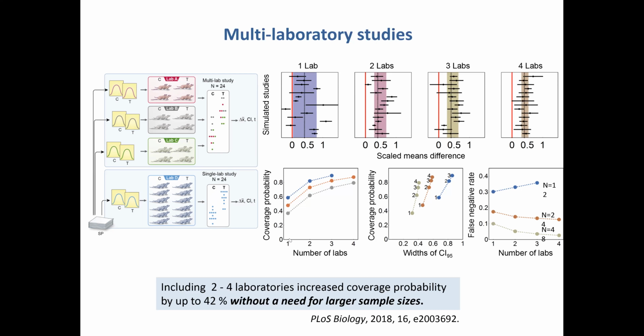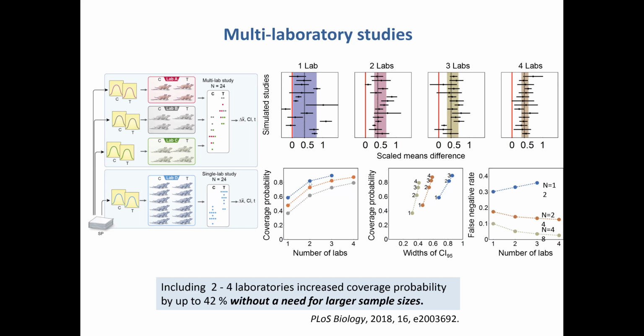Depending on sample size, the blue line would be 12 animals, orange would be 24, and gray would be 48 animals. So we stick just with the blue line here with 12 animals. The coverage probability in this case for this specific data would be just 0.6 for single lab studies.